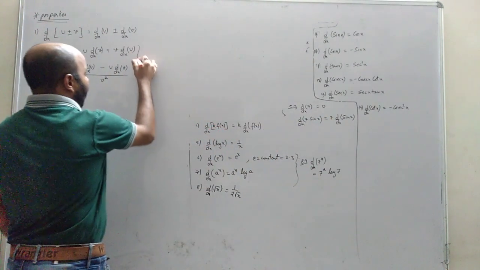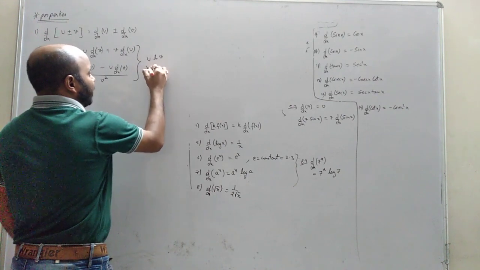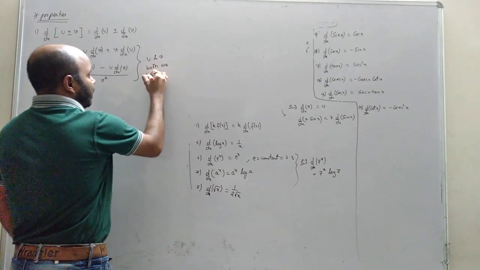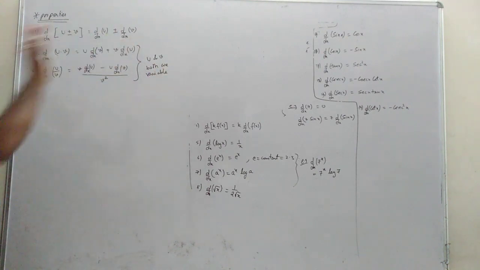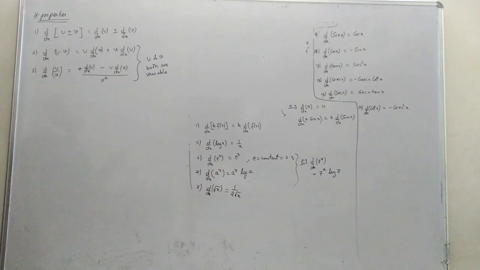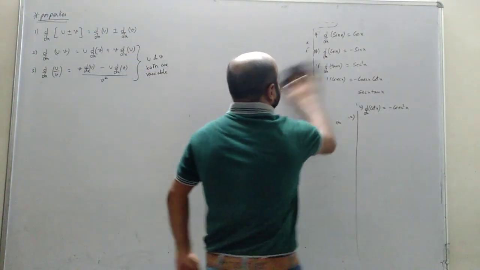So these two formulas or properties we use when u and v are both variables. Then only can we use these properties. Otherwise we don't use them; we go for normal differentiation. Now, how to understand variables? Let's take a small example to understand these two properties, and you will get a clear picture.